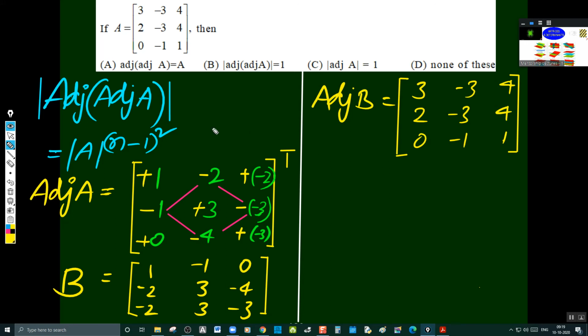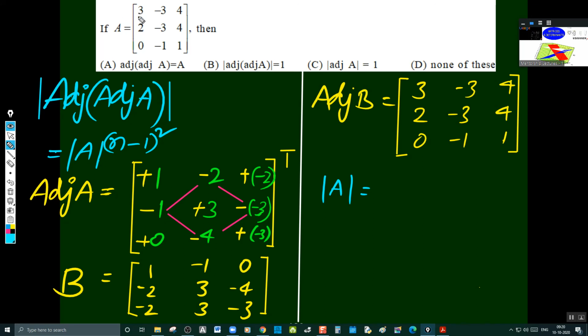Now let us understand what det A is. Let us write that directly. What is det A? Here it is clear. These are the cofactors of the corresponding elements.